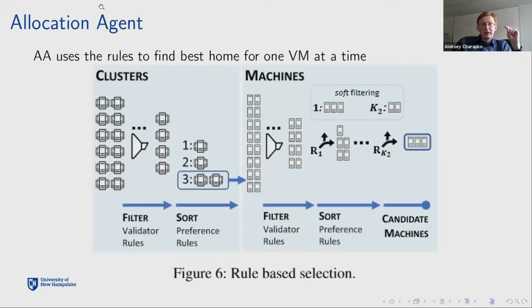Okay, so all of this work of applying all these rules and filtering out all of these machines and ranking the clusters and the machines happens at this component they call the allocation agent, or AA for short. So this illustrates the process in this rather sequential way, right?